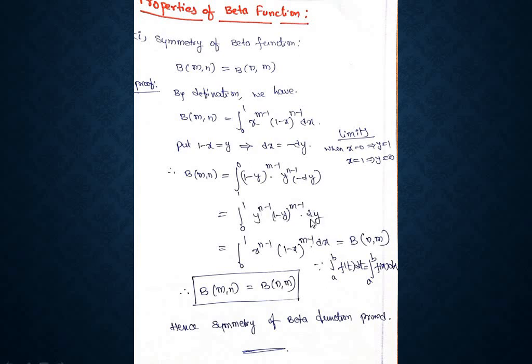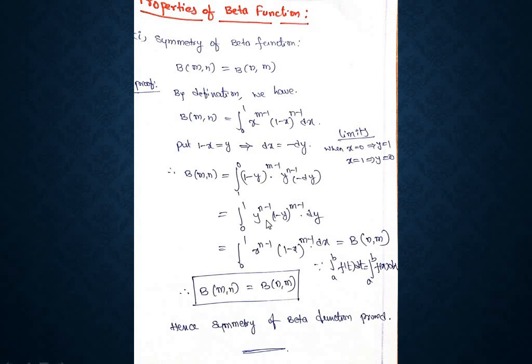Now clearly, if you observe, this is again in the form of the definition only. Since you know that the integral a to b f of t dt, you can write integral a to b f of x dx as a variable function. So in the place of y, simply we are writing x, because we are defining the definition in terms of x.